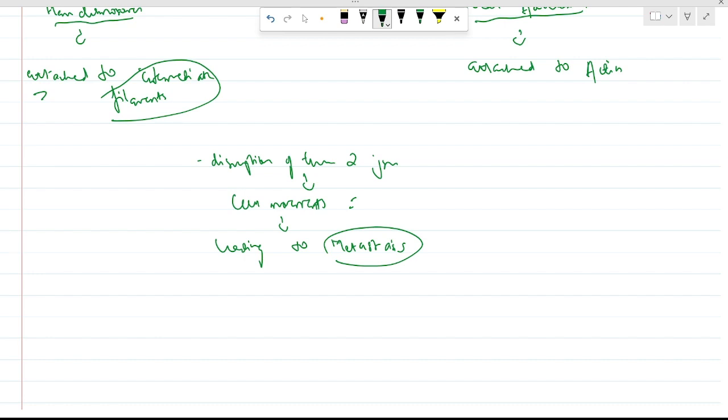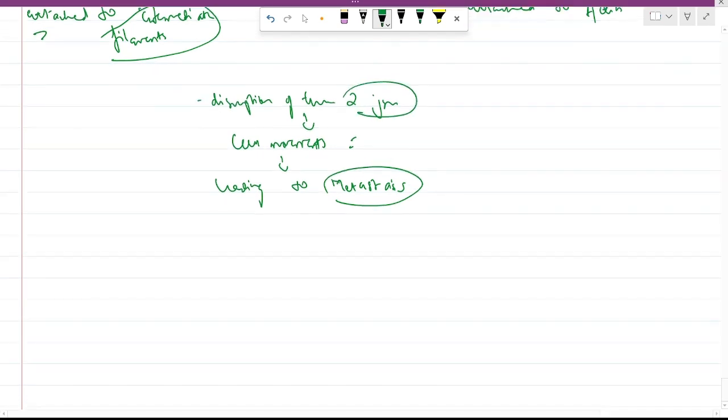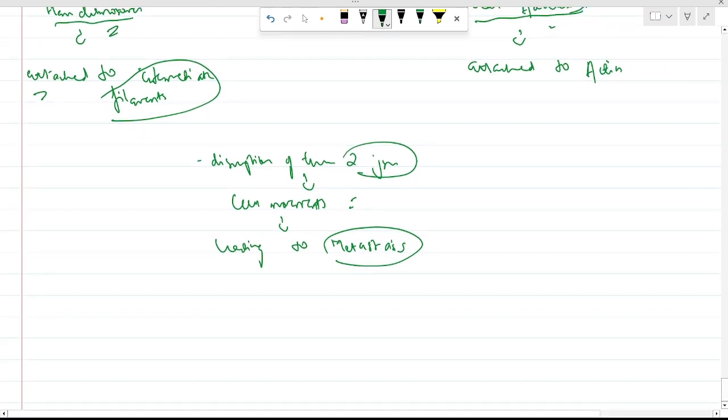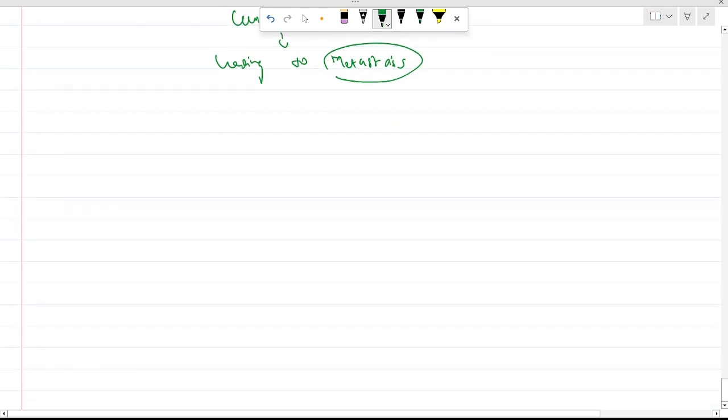The cancer cells travel or get transported from the site of the cancer to another, where they could start another dangerous tumor in another part of the body. So disruption of these two junctions, the hemidesmosomes and focal adhesion, leads to unrequired, non-needed cell movements, leads to metastasis.